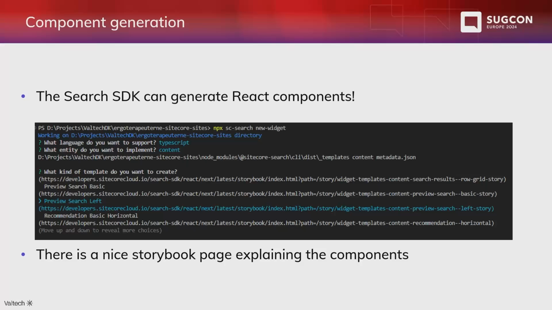So there's a little CLI npm package you can call to generate a component. There are several. See, here's the output from when we just started it. You can scroll down and select between a few, and there is a link to a storybook page where you can see how this component is actually looking.